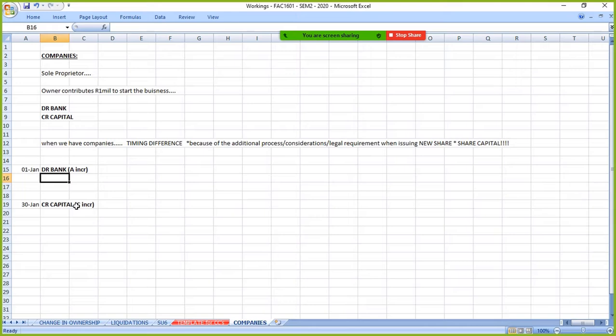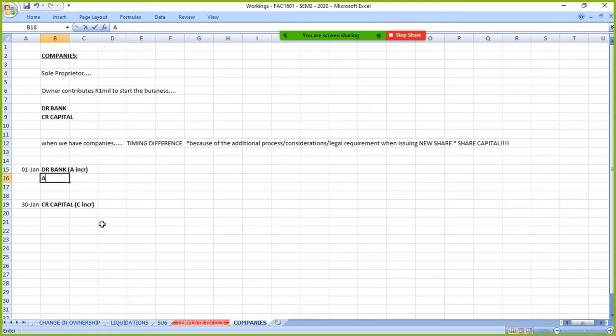Here's another working account to add to the ones that you already know. Other working accounts that you know: profit and loss, appropriation, valuation. That one we looked at in partnerships. The one that we looked at more recently, liquidation. A liquidation T account is a working account.